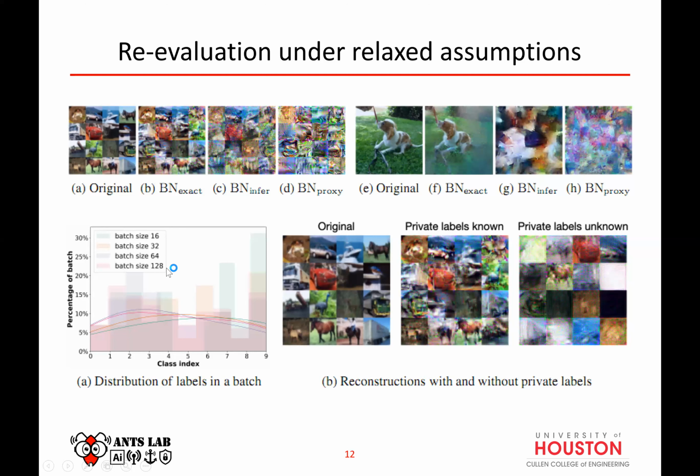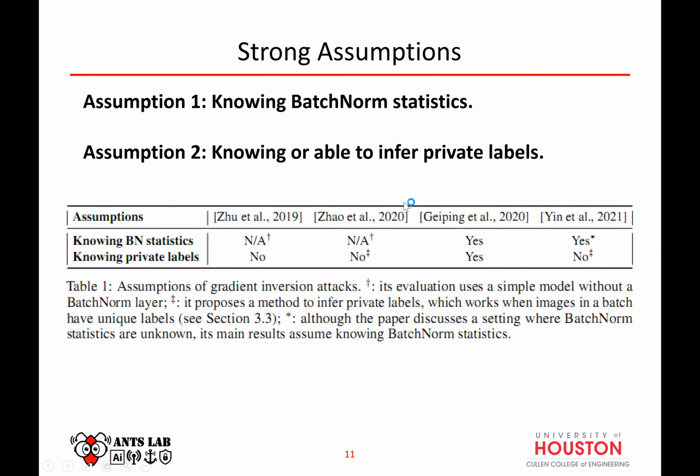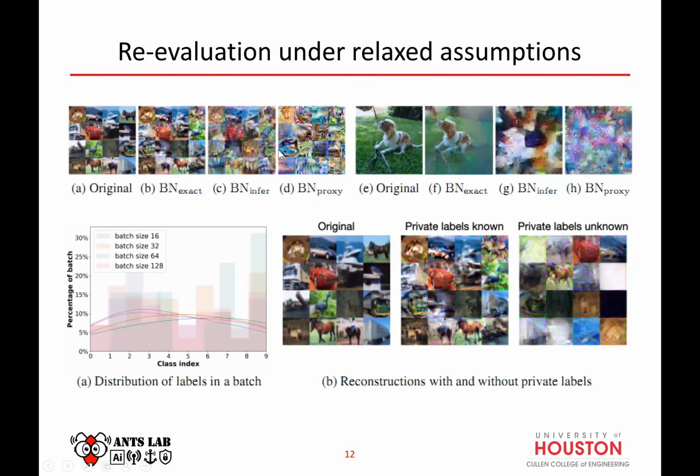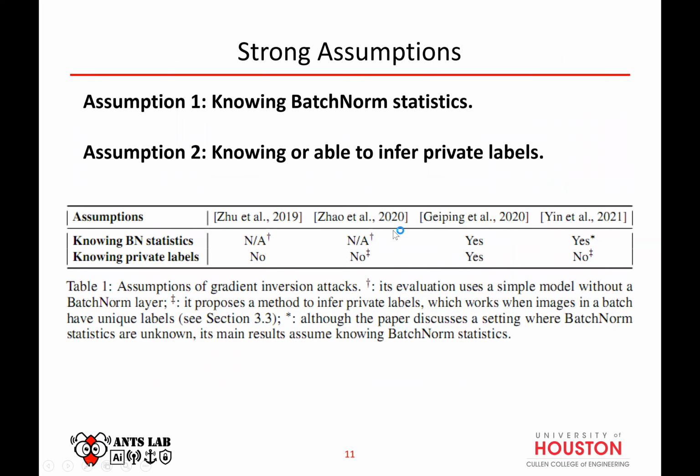Maoqiang, can I ask a question? For the current inference attack, what are their assumptions? Do they assume they know the private label, or they don't know it? I mean, for the general one, when we talk about the inference attack, what's their assumption? For the inference attack, they also don't know the private label, in my opinion.